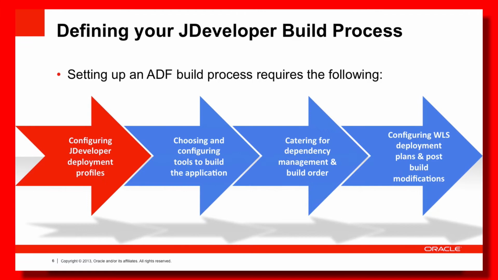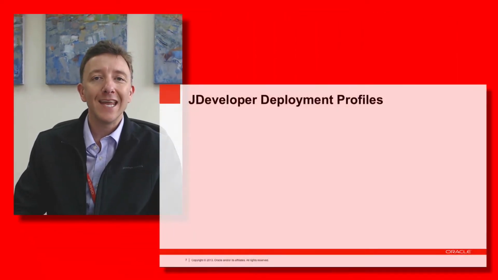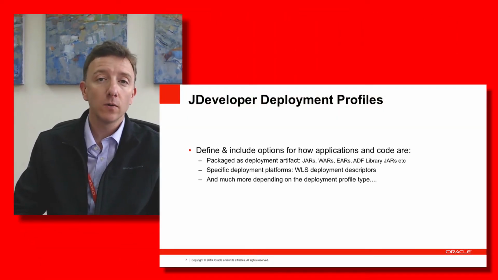Now, deployment profiles is hopefully something I don't need to teach you about. It is something that developers get introduced to fairly early in terms of JDeveloper and ADF application development, because they want to deploy to an integrated WebLogic server to test their applications, and there are deployment profiles that do that. But just to recap on a deployment profile, you'll basically know that the end artifact that gets deployed to a WebLogic server is a jar, an ADF library jar, an EAR, or a war file.